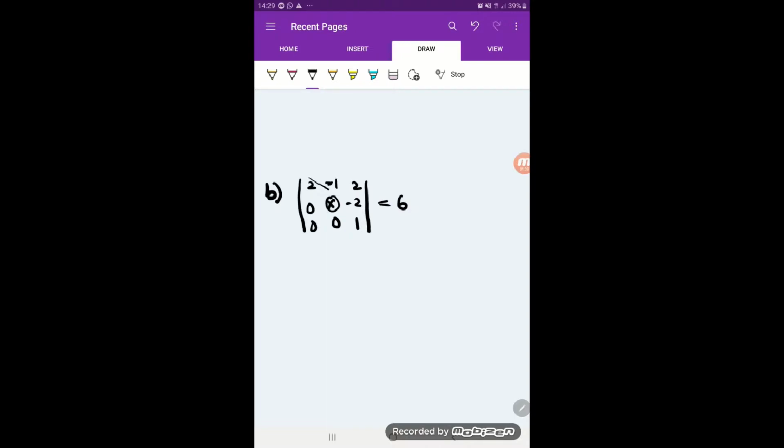This is the leading diagonal. And then, you multiply all the entries of the leading diagonal. That means 2 times x times 1 is equal to 6. So 2x is equal to 6, x is equal to 3.